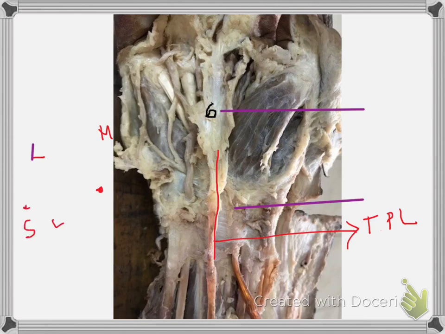Mnemonic: "She looks too pretty, try to catch her." That is scaphoid, lunate, triquetral and pisiform. These 4 and the above 4: trapezium, trapezoid, capitate and hamate. So, there are 8. You should know the attachment is scaphoid to trapezium and hamate to pisiform.